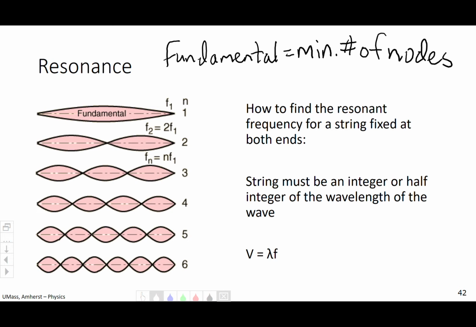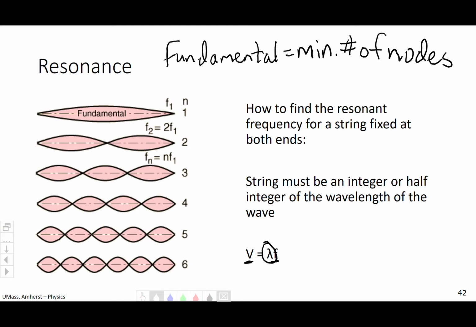So for a string that's fixed at both ends, the string must be an integer or half integer of the wavelength. So if you drive the wavelength with some frequency, the wave has some natural speed, the wavelength is what matters about whether or not it's going to create a standing wave. Remember those diagrams previously where we had these weird looking standing waves that can't occur? So the wave, in order to create a standing wave, we have to have a very specific wavelength that relates to the container that it's in.